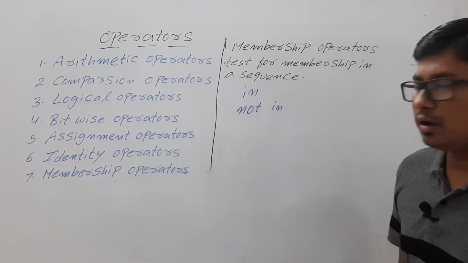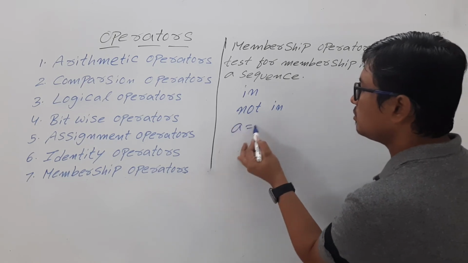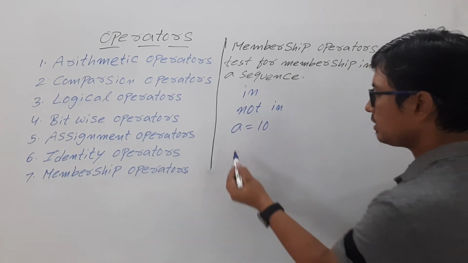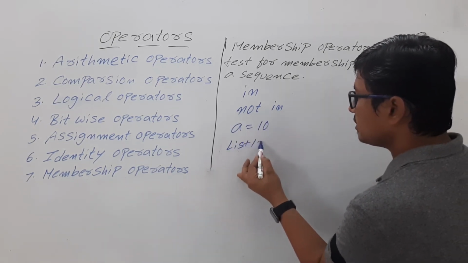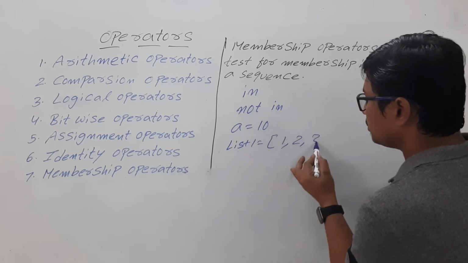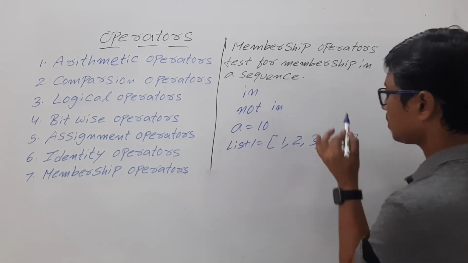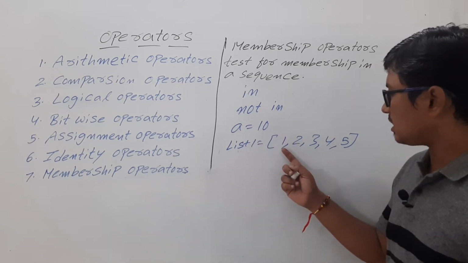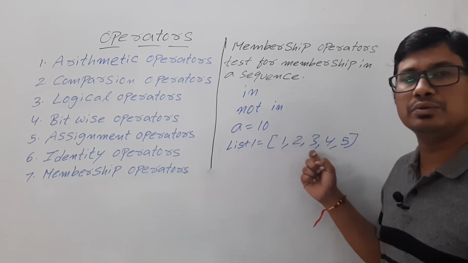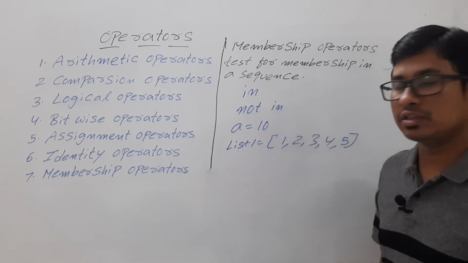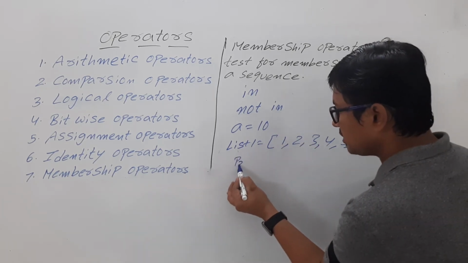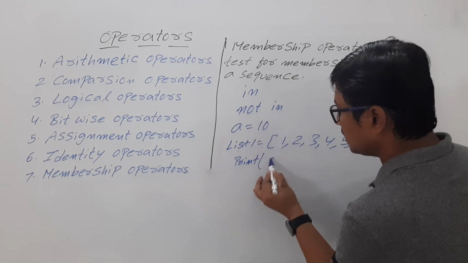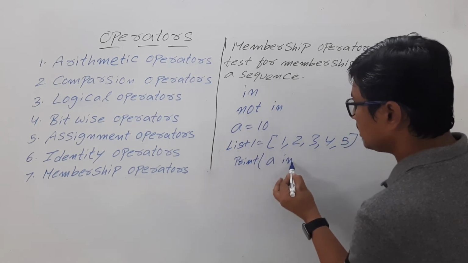Let's take a = 10 and list1 = [1, 2, 3, 4, 5]. Now verify whether 10 is in this list. The list consists of the elements 1, 2, 3, 4, 5. 10 is not there.